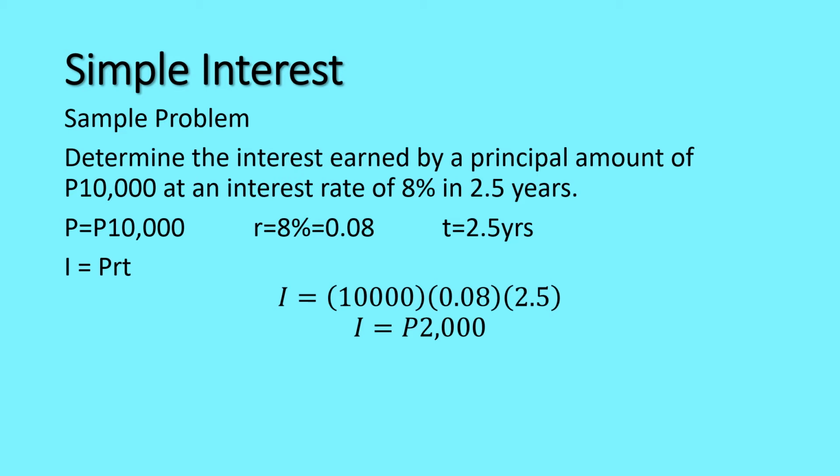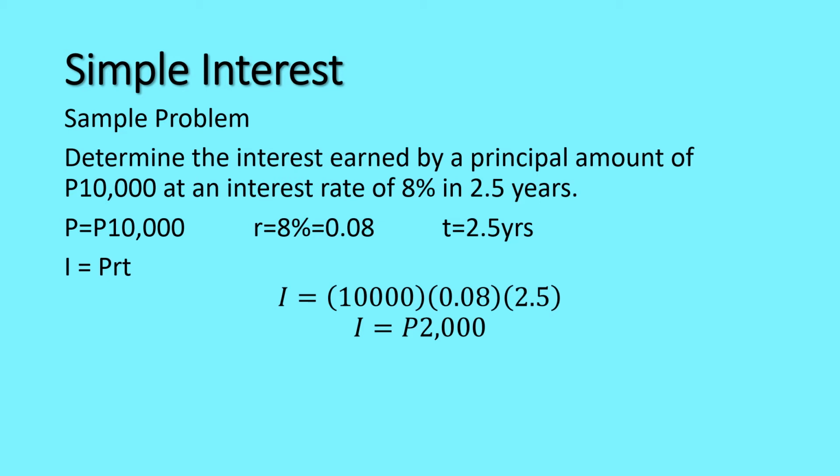So that means the principal amount of 10,000 pesos will earn a simple interest of 2,000 pesos after 2.5 years at a rate of 8%.